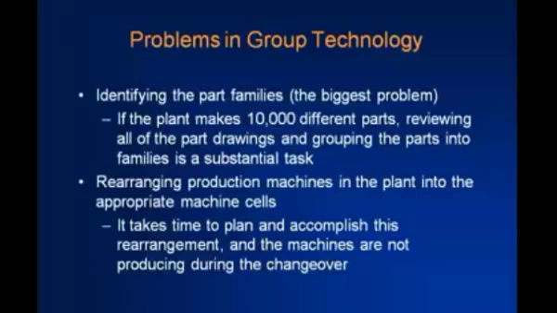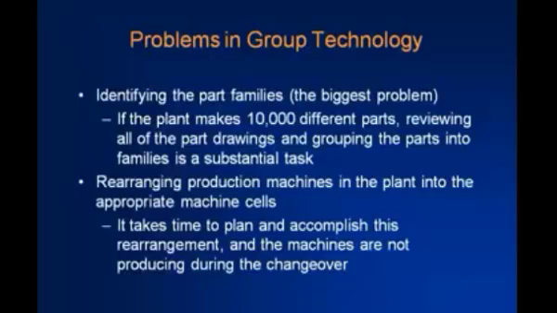So that is one of the issues in case of a product that is complex, having more parts. I think that in automobiles, in cars, there are more than 10,000 parts, maybe around 15,000 parts. That varies with different versions. So that is one of the issues in group technology.